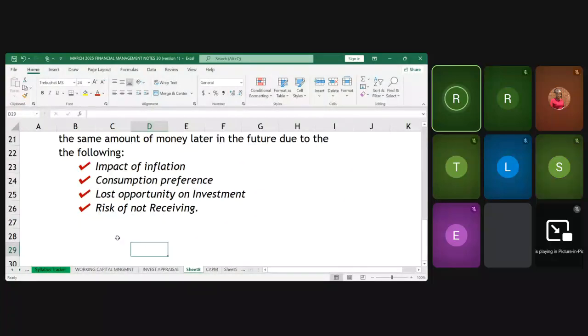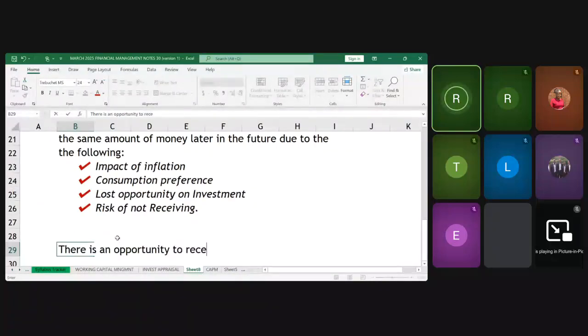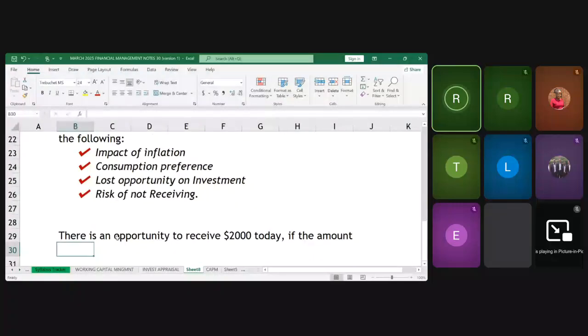Let me assume an example: there is an opportunity to receive $2,000 today, but the amount is delayed 5 years.